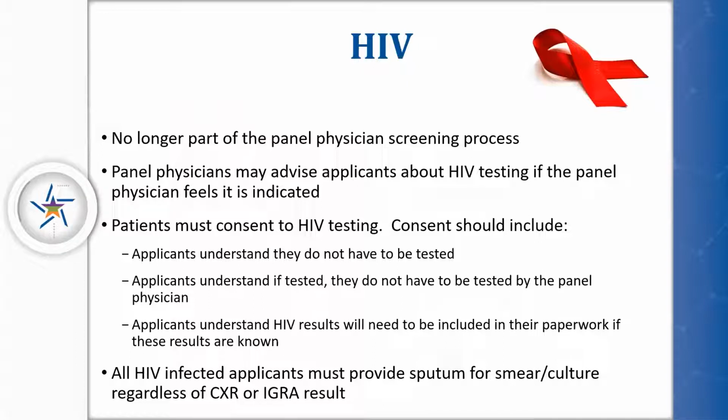Important to note, HIV is no longer part of the panel physician's screening process. Panel physicians may advise applicants about HIV testing if the panel physician feels it is indicated.